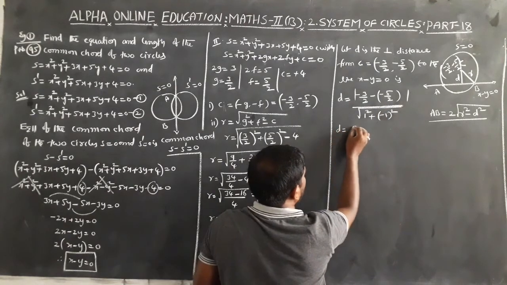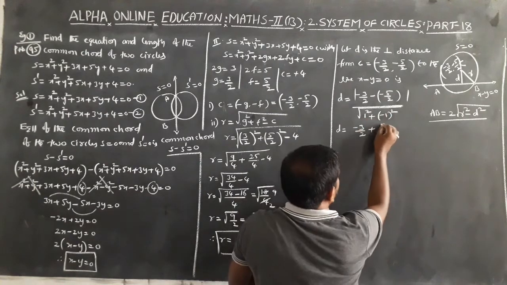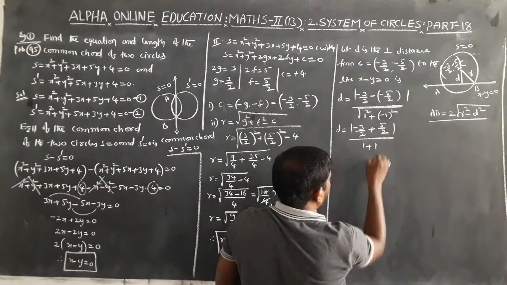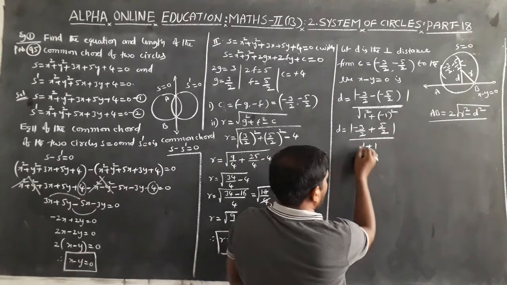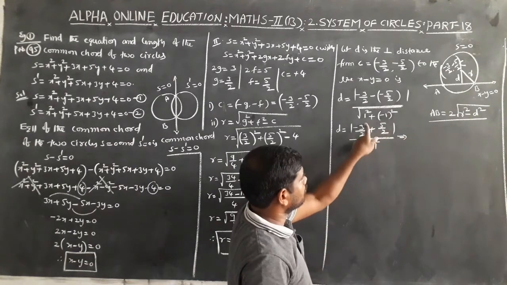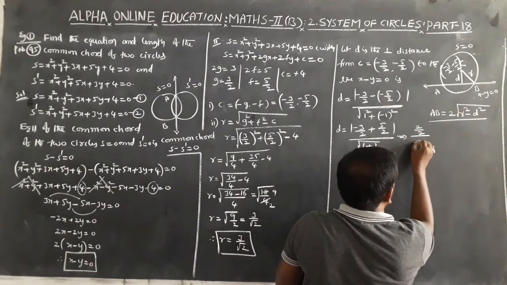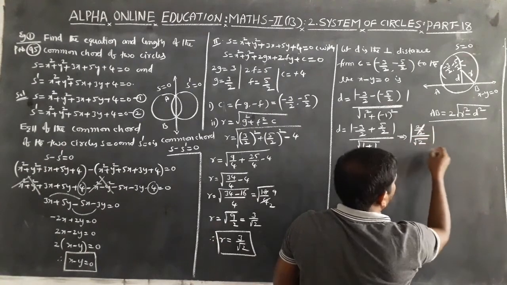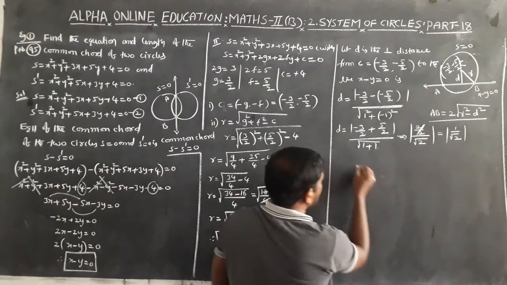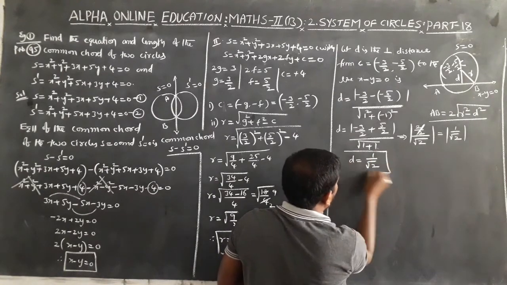That is mod of -3/2 minus into minus plus 5/2, by under root of 1 square plus 1 square, which is equal to 5/2 minus 3/2, 2 by 2, by root of 1 plus 1, that is root 2. 2 ones are 2, cancel, 1 by root 2. Therefore D is equal to 1 by root 2.